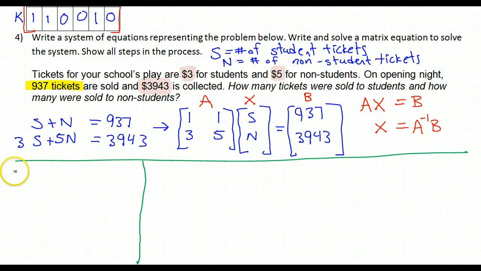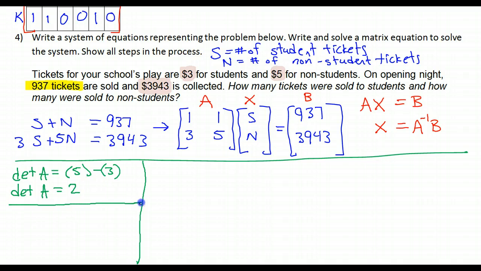Now, to find the inverse, first you need the determinant. So first I'll have to find the determinant of A, which is down diagonal minus up diagonal. So that's going to be 5 minus 3. Okay, so the determinant of A is 2.